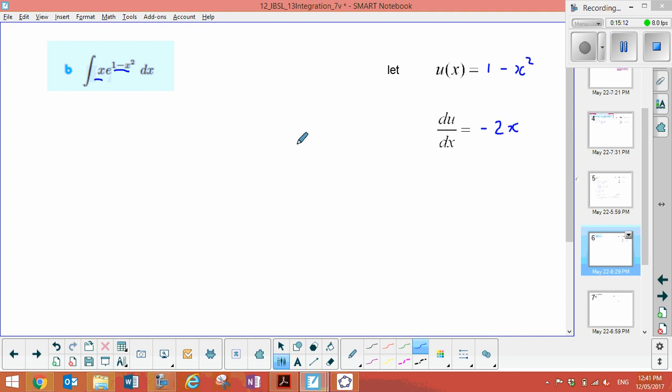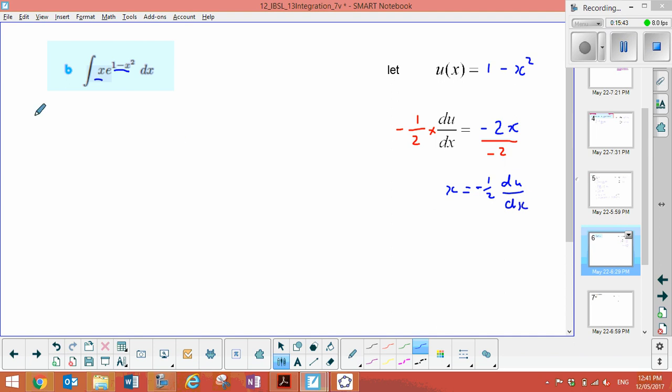No, we don't. So what we can actually do, we can treat this like a little equation. Let's divide both sides by minus 2. So that's the same as multiplying by minus a half. So in other words, we can say that x equals minus a half du dx.